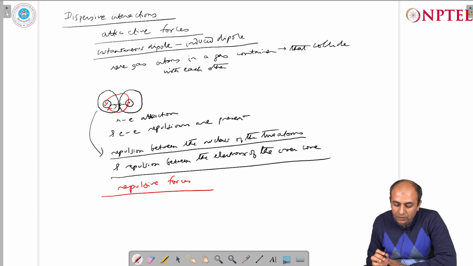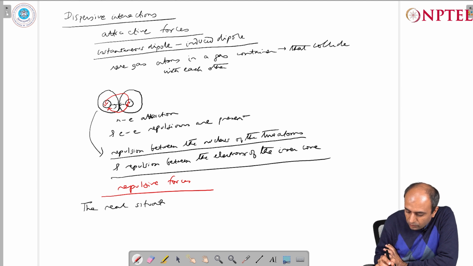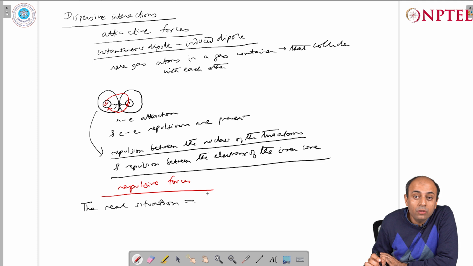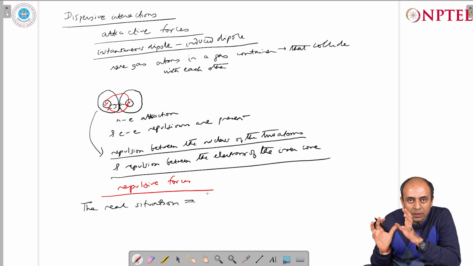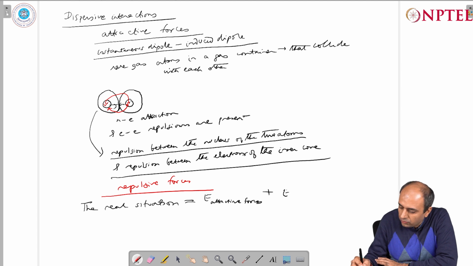In the real situation, both the attractive and the repulsive forces coexist with each other. So we have the stabilization because of the attractive forces plus the destabilization because of the repulsive forces.